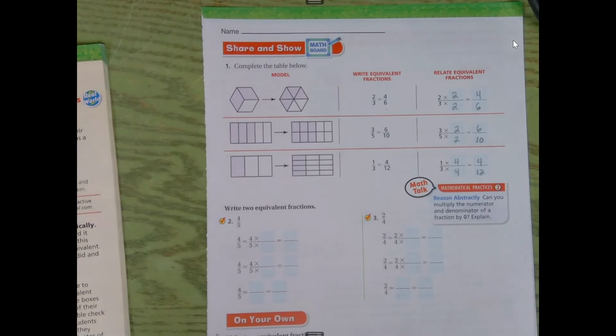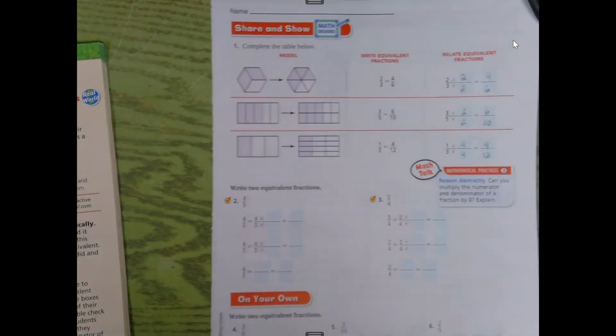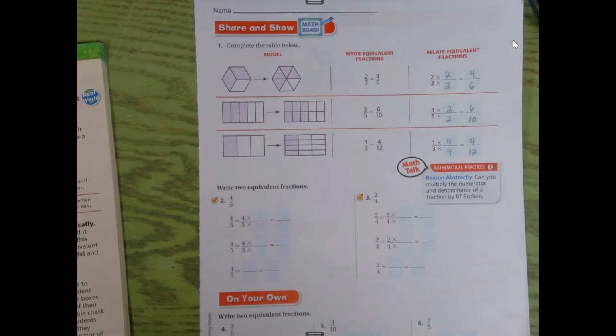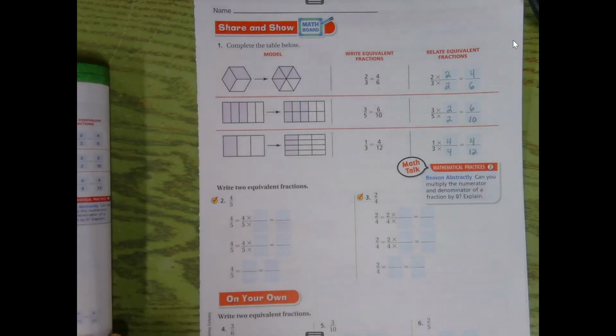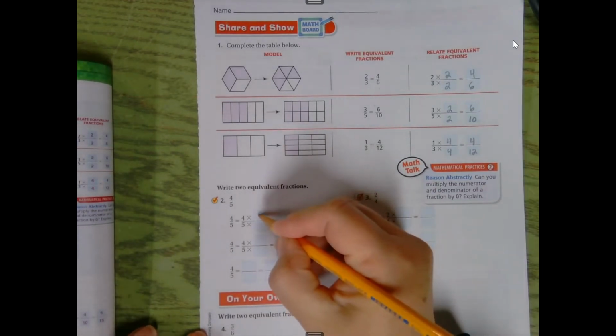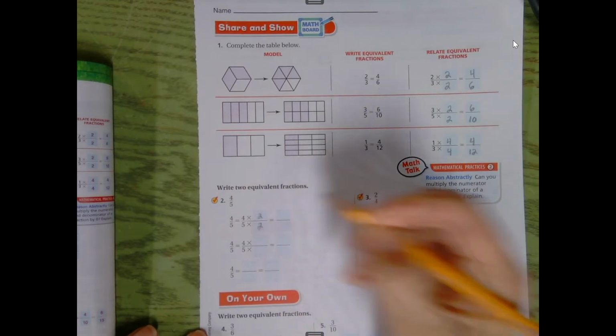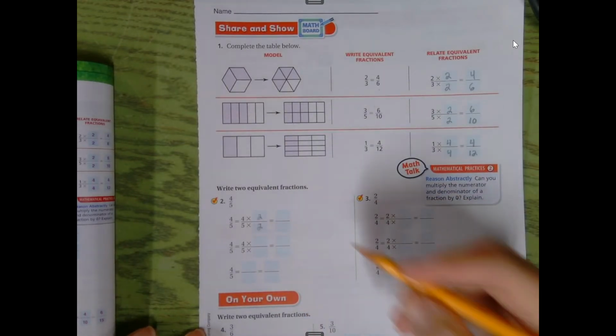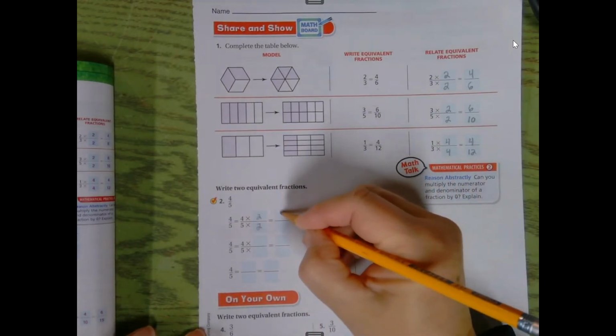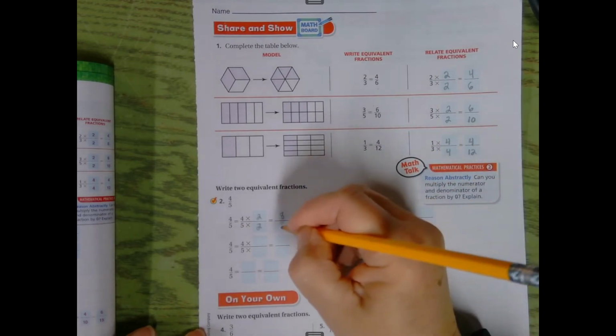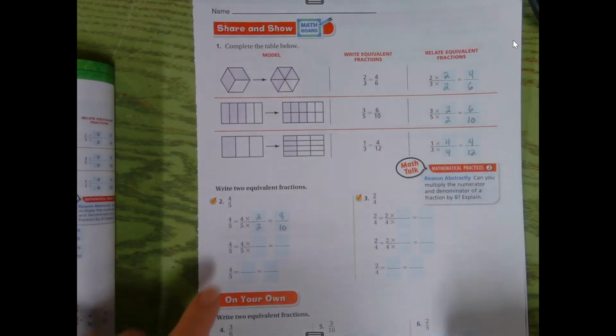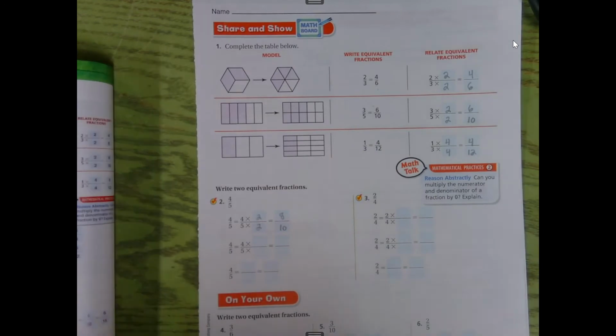All right, so number 2 asks us to write 2 equivalent fractions. So we can actually pick pretty much any numbers that we want here. For example, if we did 2 out of 2, to multiply, 4 times 2 would be 8, and 5 times 2 would be 10. You can pick whatever number you want here.